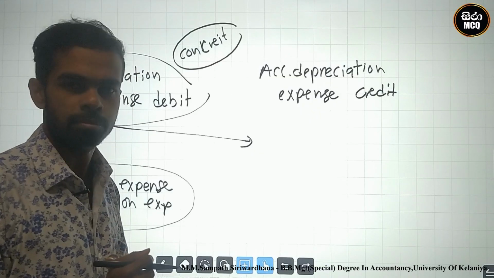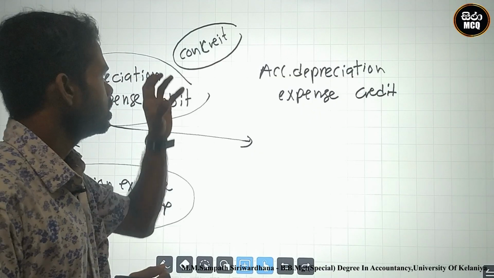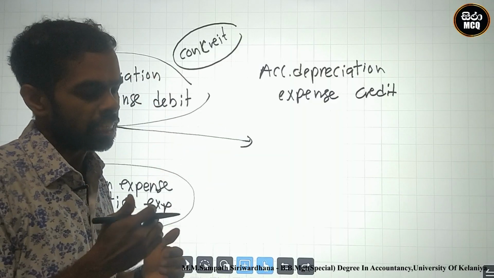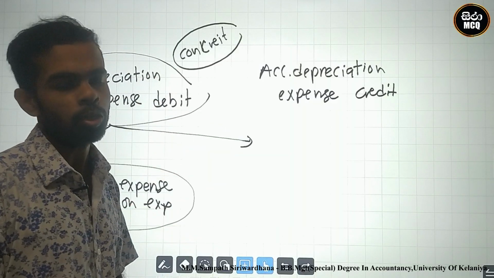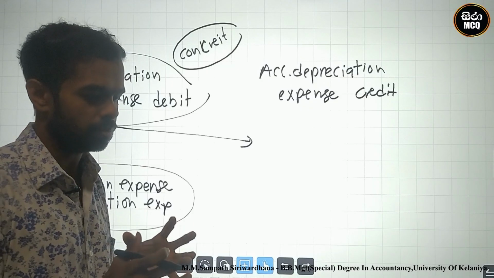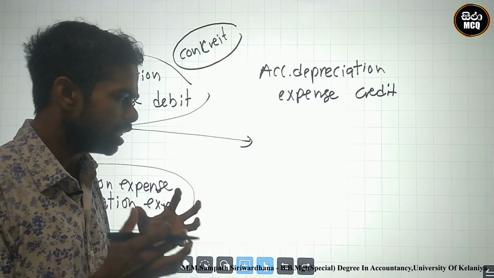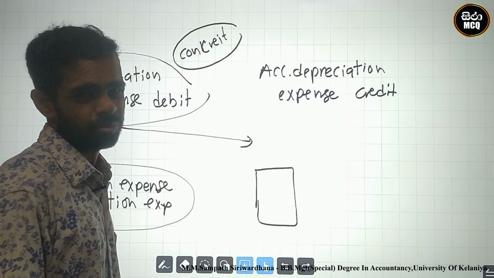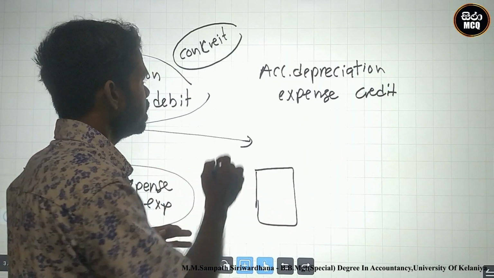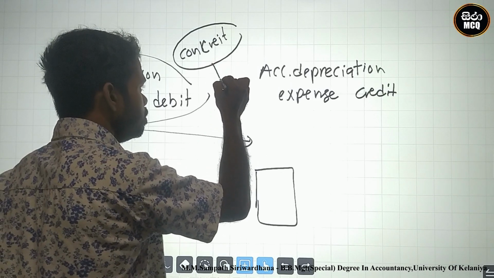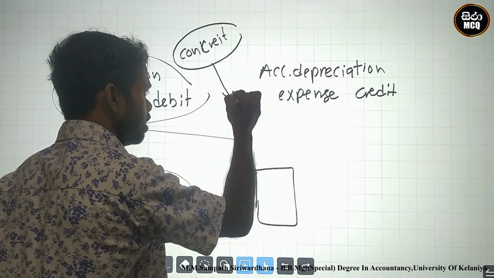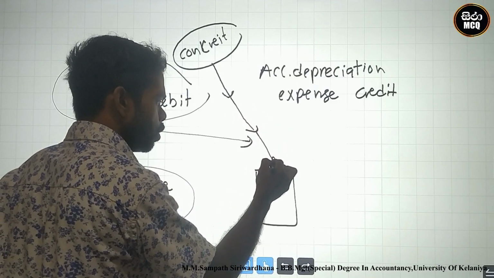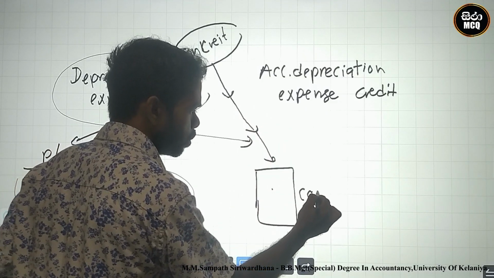Sometimes we can identify it as administration, or sometimes this concrete mixing machine is used to create another asset. Look here, using this mixing machine we create a building for our usage. At this time, this concrete machine depreciation annually we can include in the cost of this building.